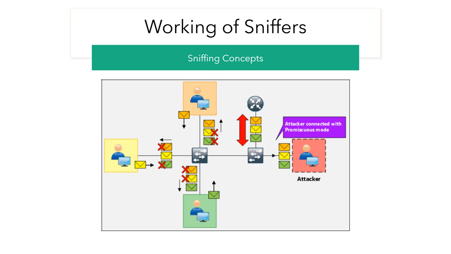Promiscuous mode is a mode of the interface in which the NIC responds to every packet it receives. As you can observe in the figure here, the attacker is connected in promiscuous mode, accepting each packet, even those packets which are not intended for them. Once the attacker captures the packets, they can decrypt these packets to extract the information.